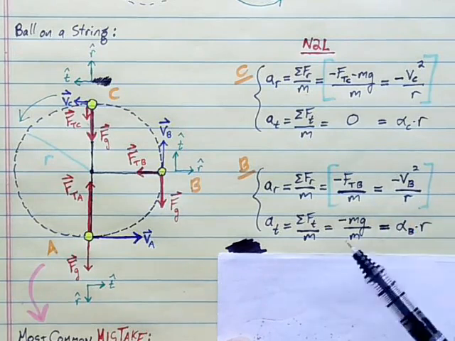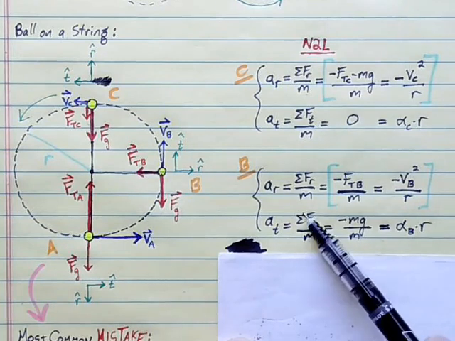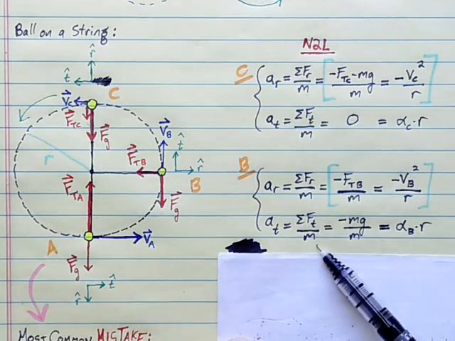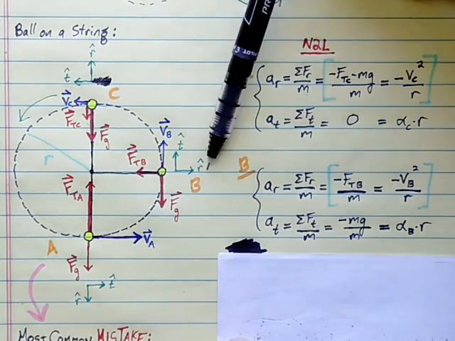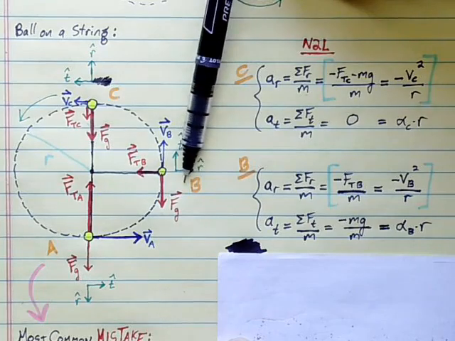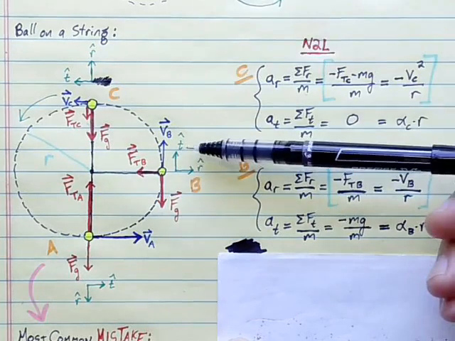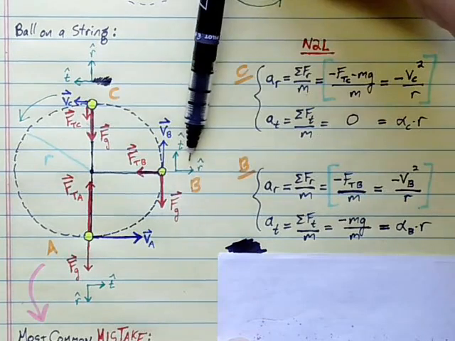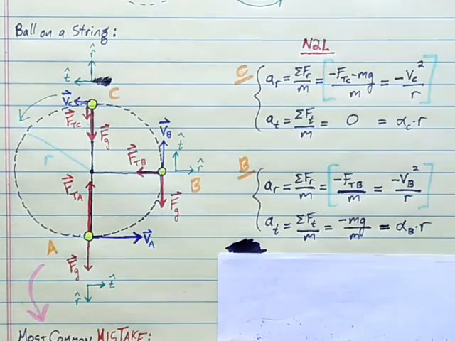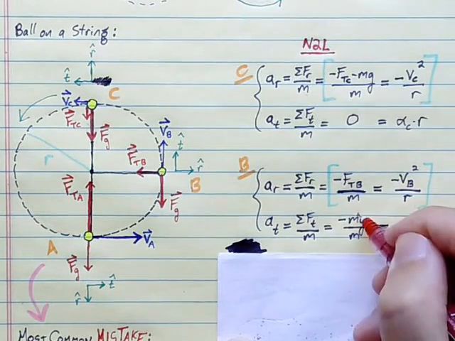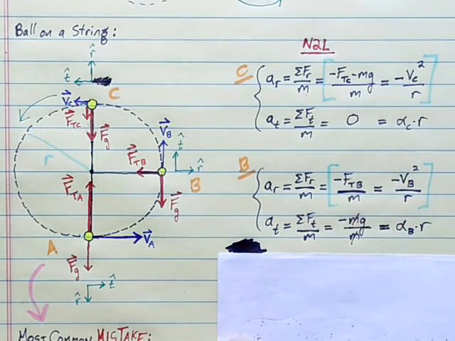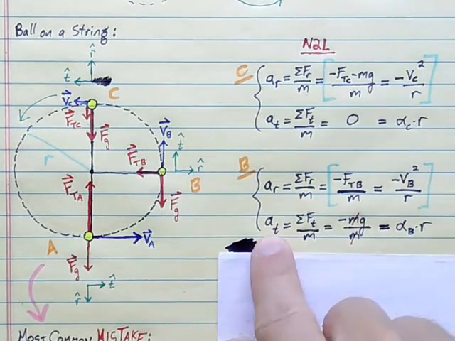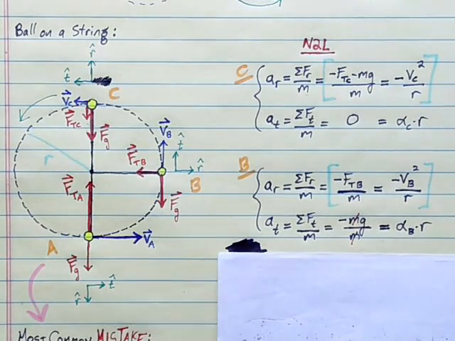In the tangential direction, net force in the tangential direction over the mass, let's see, here we actually do have a tangential force. It's gravity pointing opposite our t hat vector. So gravity is pointing in the negative t hat direction, hence minus mg for our force of gravity. We notice that mass will happen to cancel out in this case, and you set that equal to alpha r.